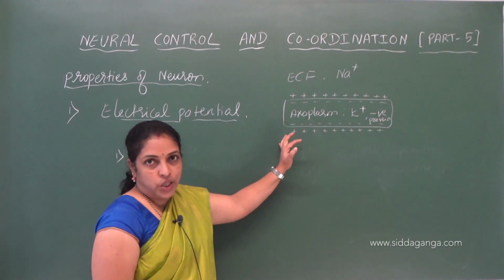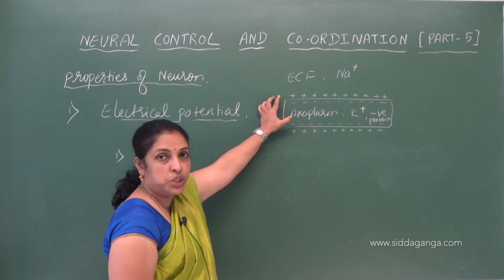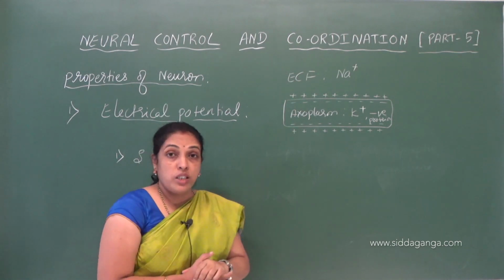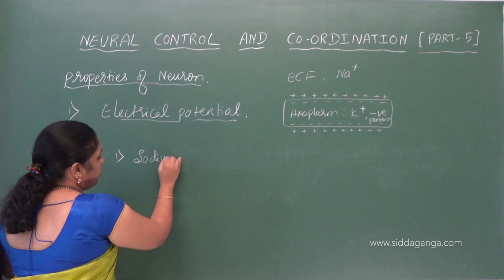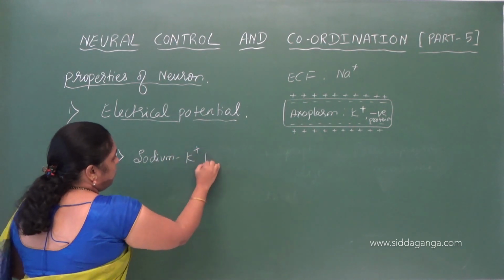Nerves at rest have positive charges outside and negative charges inside. This is mainly maintained by the sodium potassium pump.